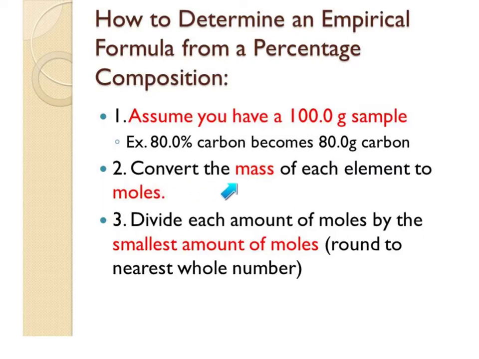Next thing you would do is convert the mass of each element to moles. If you don't remember how to do that, please review the video I posted before this one about the mole conversions, and that'll be a good refresher for you. Next step is to divide each amount of moles by the smallest number of moles that you find, and you round to the nearest whole number. You'll see what I mean in the next slide.